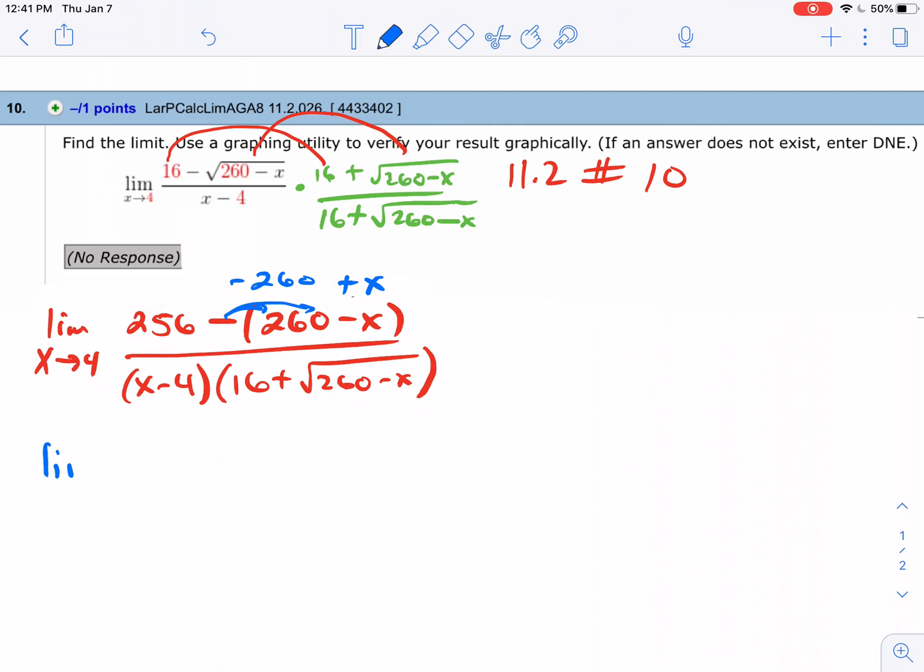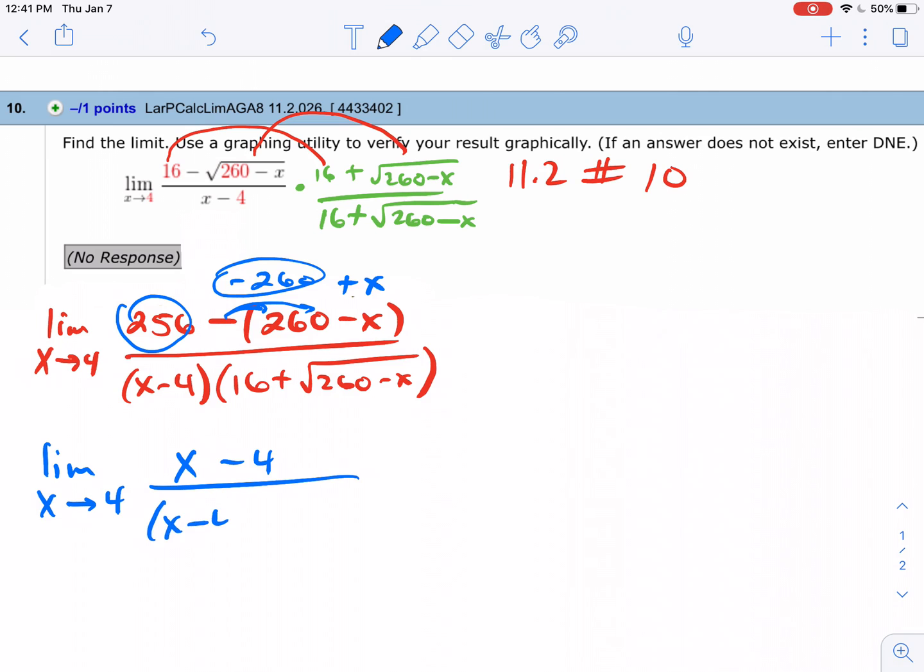So now I would have the limit as x goes to 4. I have a positive x on top, and I have a negative 4. 256 minus 260 is the negative 4. And then I have x minus 4 on the bottom, and 16 plus the square root of 260 minus x.